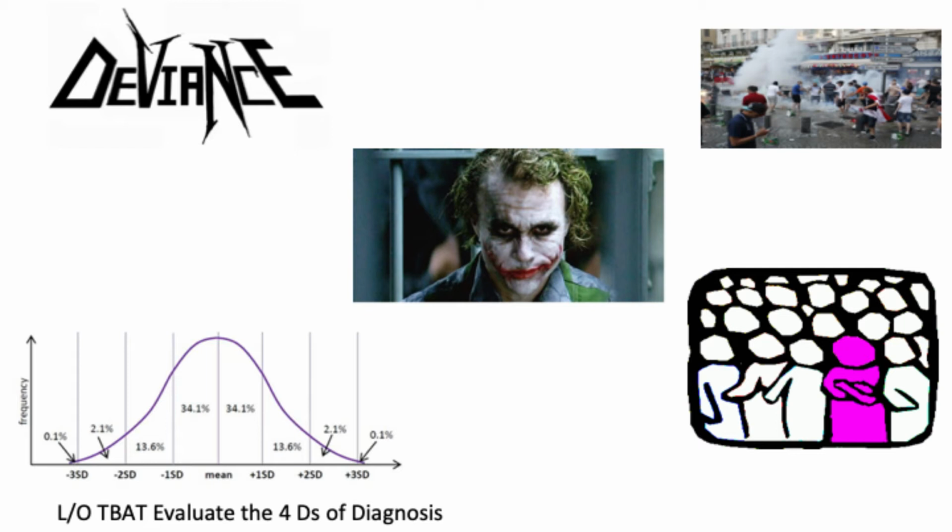You can see that in terms of the normal curve. This is a very controversial definition of abnormality, and it's worth bearing in mind that what is deviant for one person or one culture or one society is not going to be necessarily deviant for another person or another culture or another society.